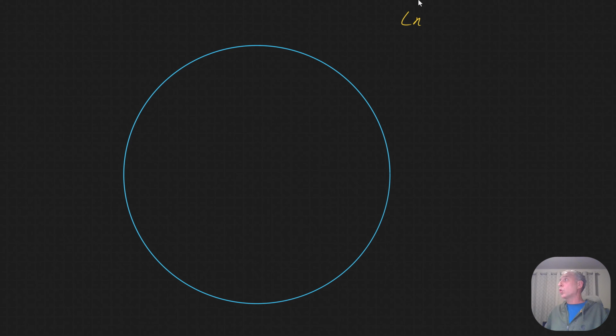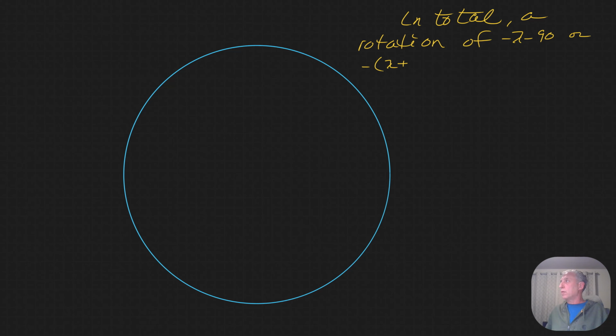In total for this rotation, a rotation of minus lambda minus 90, or minus the quantity of lambda plus 90.